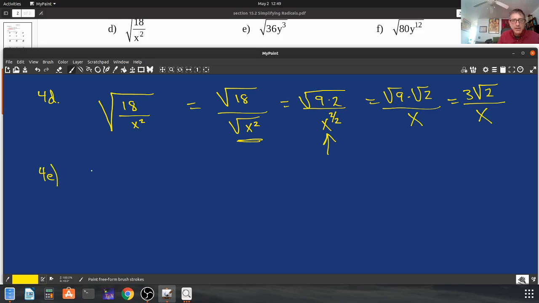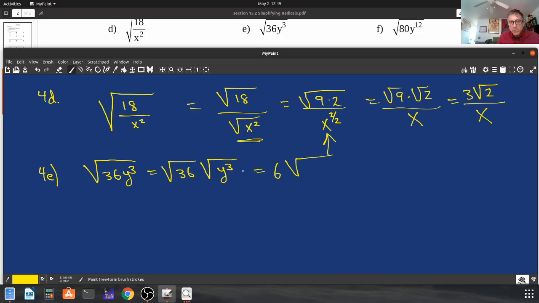4e, the square root of 36 y cubed. The first thing we want to do is use the product rule. And now I literally have it into an area where I can deal with it. The square root of 36 is 6 because I have memorized that 6 times 6 is 36.